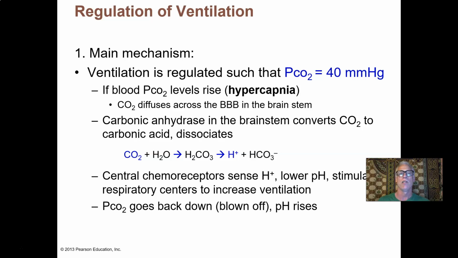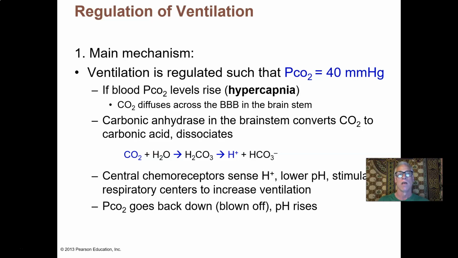They're monitoring the pH of the extracellular fluid there in the brainstem. So if CO2 goes up, we have acidification of that fluid, and that will drive up ventilation. Ventilation will increase, and when ventilation goes up, we've said that that makes PCO2 go down. We're going to blow off more carbon dioxide in the lungs, and the pH is going to go back up.